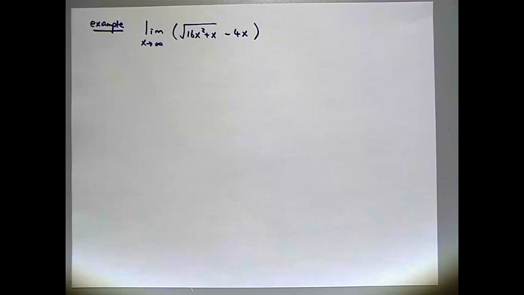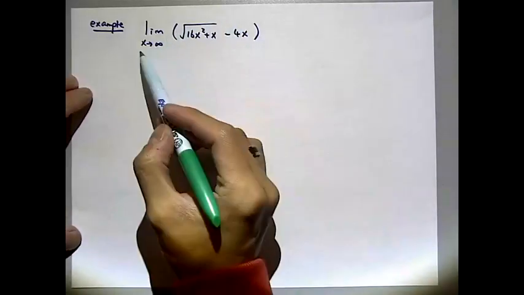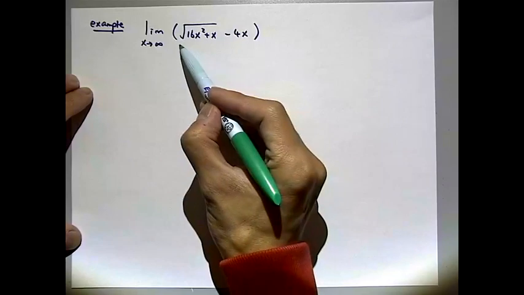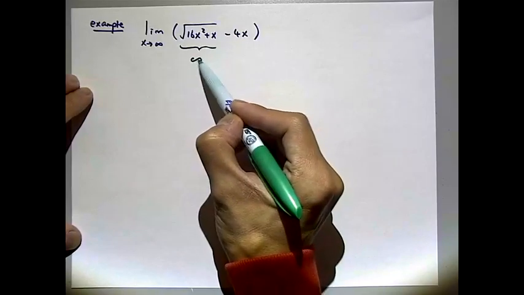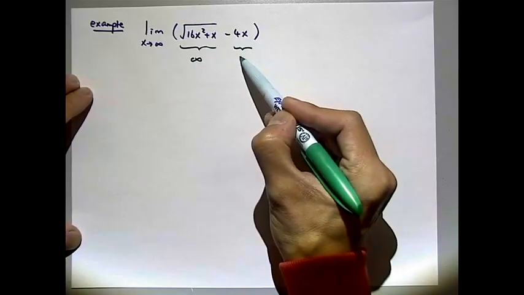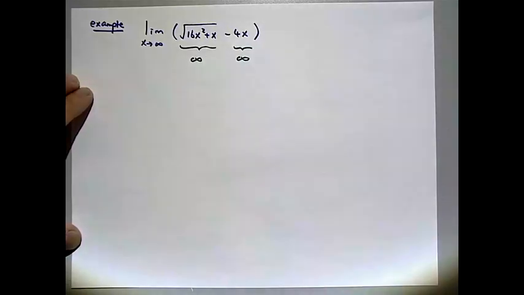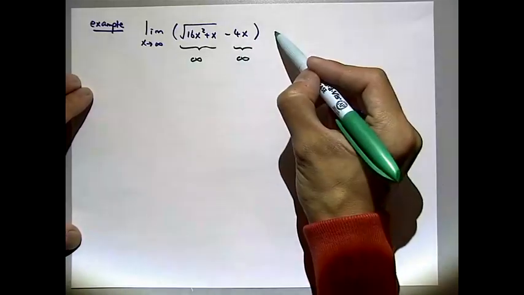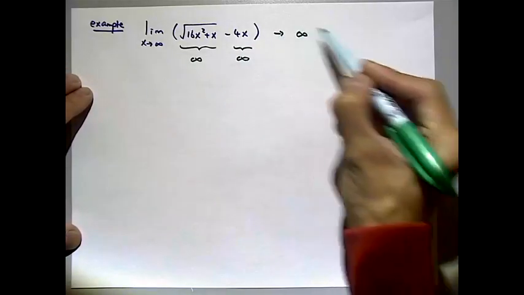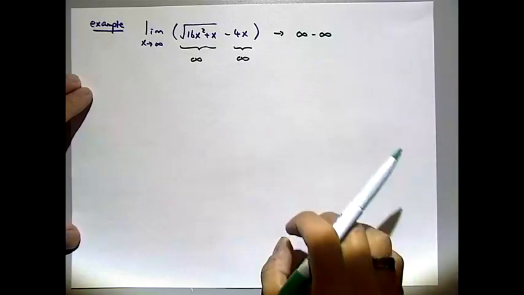So if you look at what's going on here, when x is very, very large, this is obviously very, very large. This is obviously very, very large too. So this approaches this funny looking thing here, infinity minus infinity.